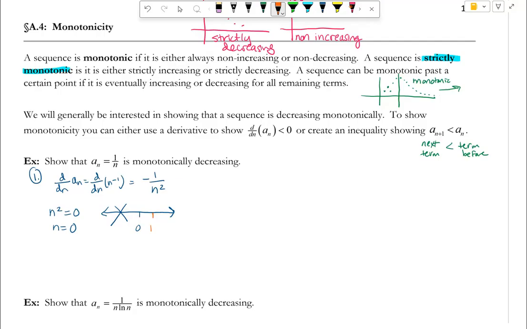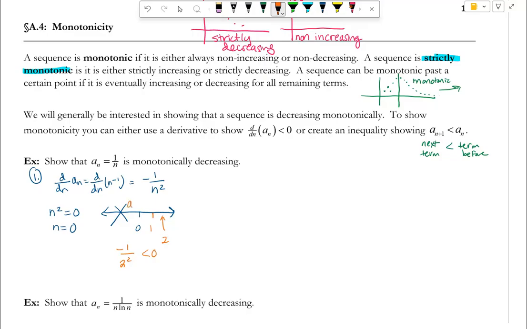So if I look to the right of the 1 on my number line, if I plug in any number, let's say maybe the number 2, into my derivative, I get negative 1 over 2 squared, which is negative 1/4, and that number is negative.